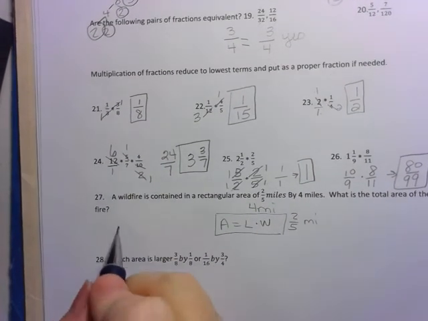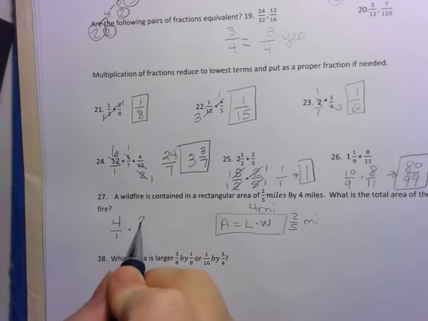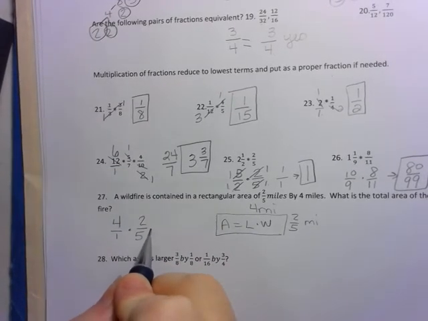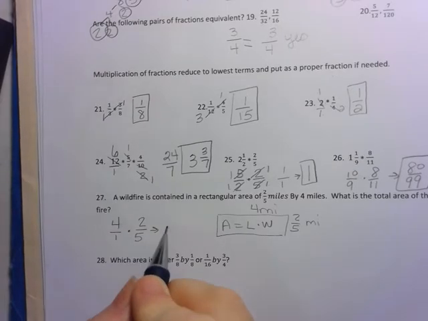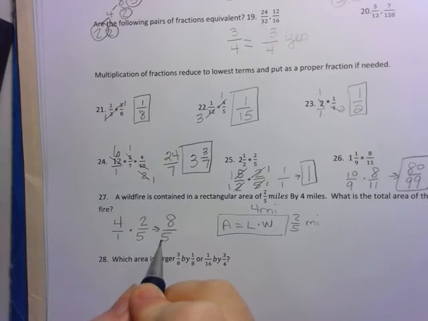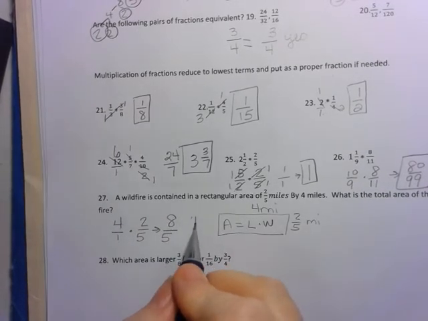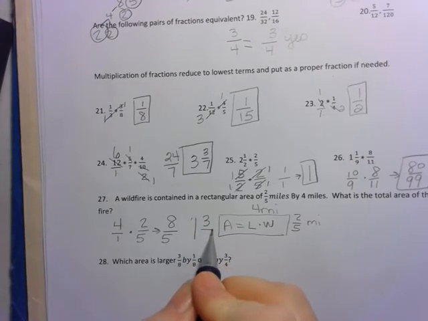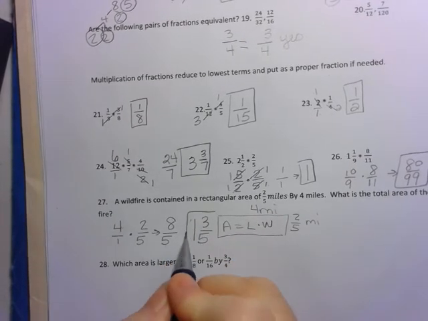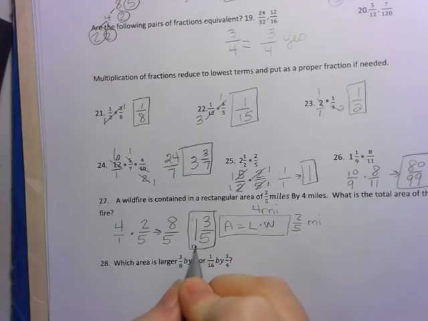So I'm doing 4 over 1 times 2 over 5. 4 times 2 is 8. 1 times 5 is 5. Improper fraction. 5 goes into 8 one time with 3 left over. As a mixed number, my answer is 1 3/5 miles.